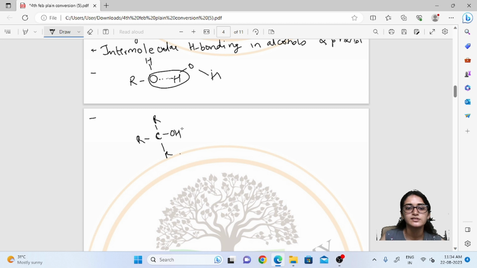Since the polarity is becoming weak, the hydrogen bonding will not be stronger. So alcohols with more alkyl groups attached to the carbon do not have a higher boiling point. So we can say that with branching the boiling point decreases.